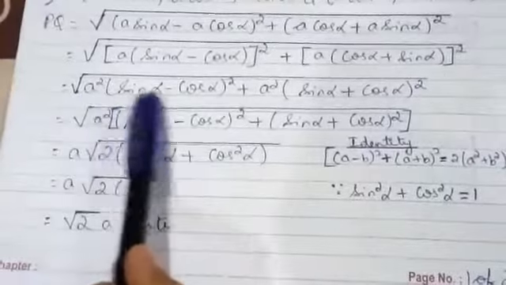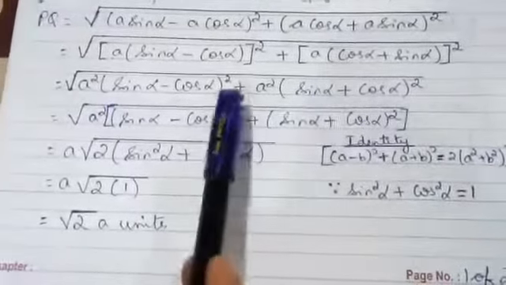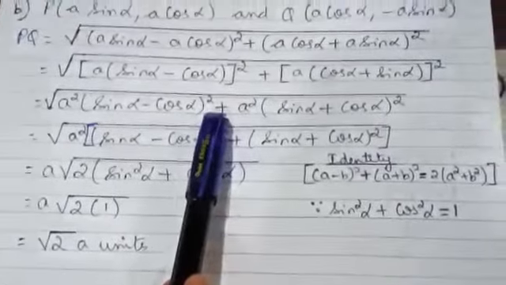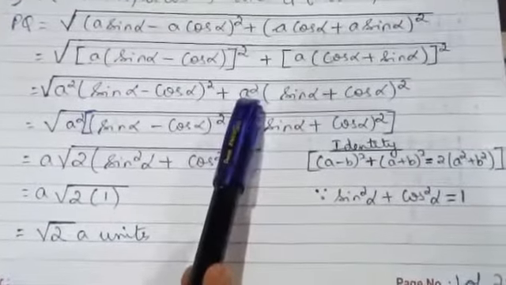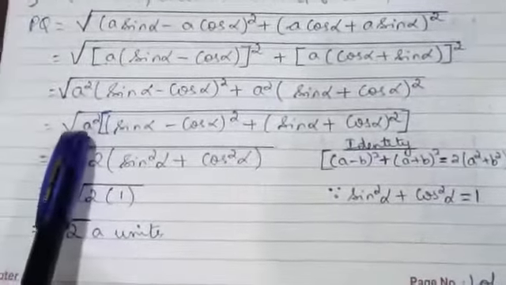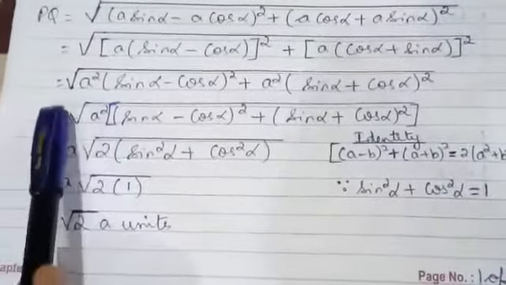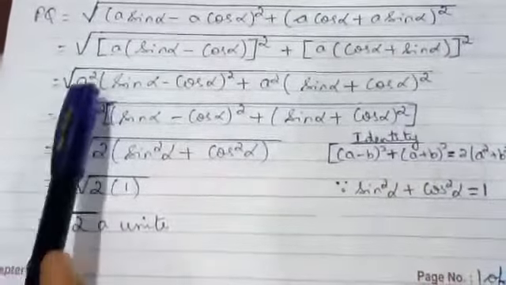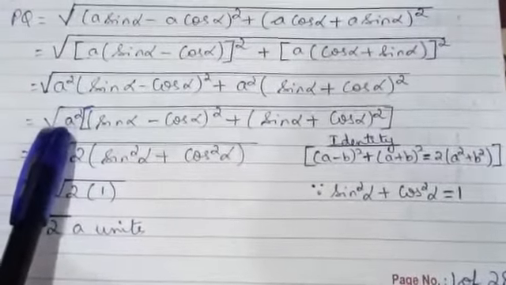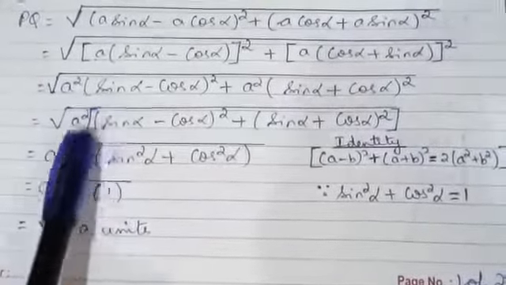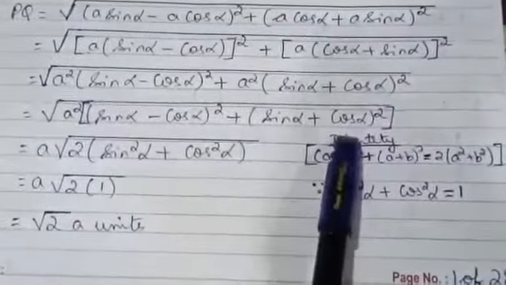Now again we have two expressions connected by the plus sign, and these two expressions have a square in common. So bring out a square common. So we have square root of, these two expressions have a square in common, so a square here. Now open and close a square bracket.